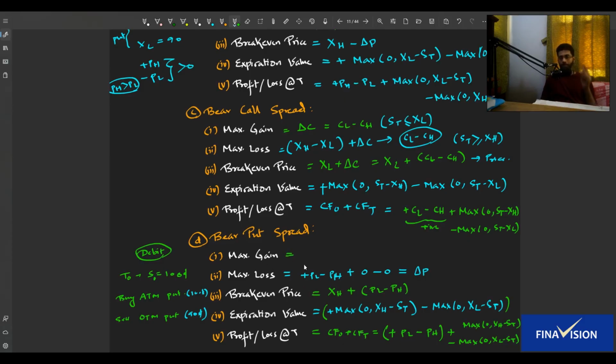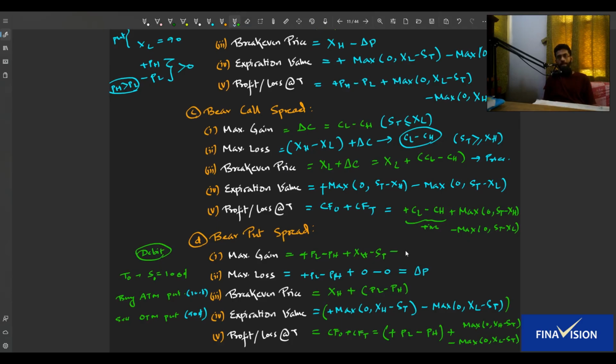Maximum gain. Maximum gain happens when the price has fallen at or below XL. At or below XL, right? So in this case, again, there is plus PL minus PH. The initial cash flows are there as it is. It is a cash outflow, by the way. And XH minus ST, this expires in the money. So this is plus XH minus ST. XL minus ST, this also remains in the money.